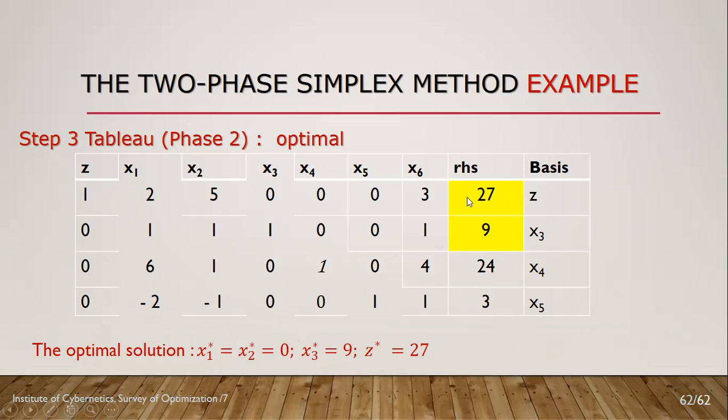The maximum z value which can be reached with the given original variables is 27, and x sub 1 and x sub 2 are non-basic variables, so they are 0. So the optimal solution is x sub 1, x sub 2 equals 0, x sub 3 equals 9, and the maximum possible value of the objective function z is 27.